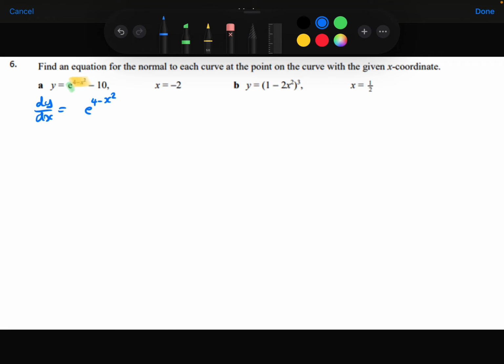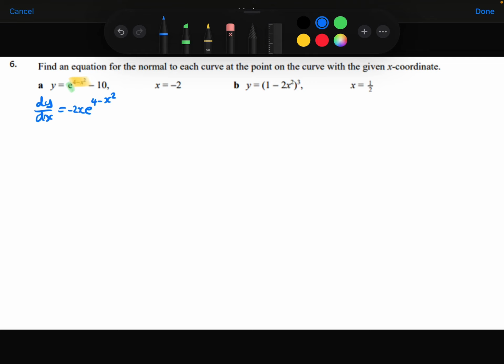So when we differentiate 4 minus x squared, we get minus 2x. So we're going to times that by minus 2x. So that's differentiated the first term. The minus 10, when we differentiate that, we'll get 0.